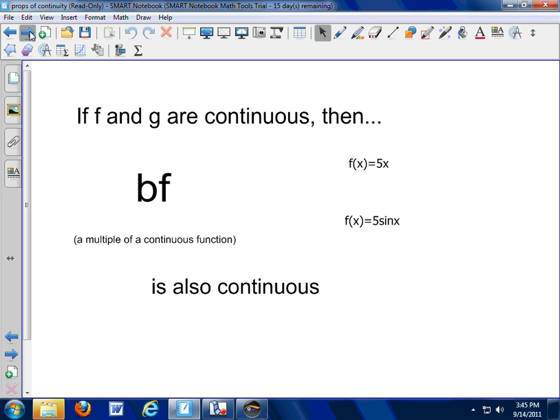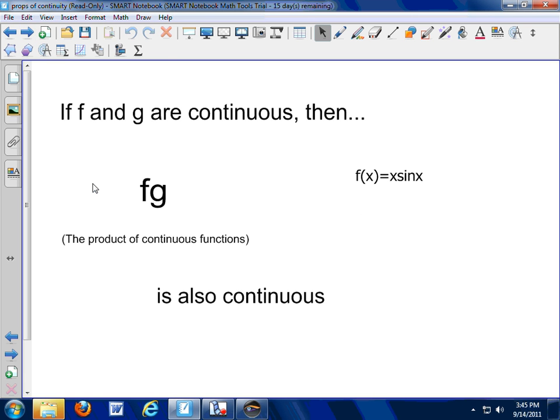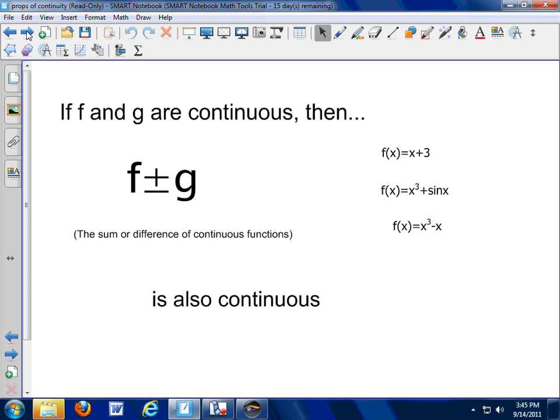If we have 2 continuous functions, the product of those continuous functions is also continuous. So continuous function x sine x, or even 5x, product of 5 and x, is a continuous function as well. So multiplication of continuous functions gives us another continuous function. If I add or subtract them, sum or difference of continuous functions, I get myself another continuous function.